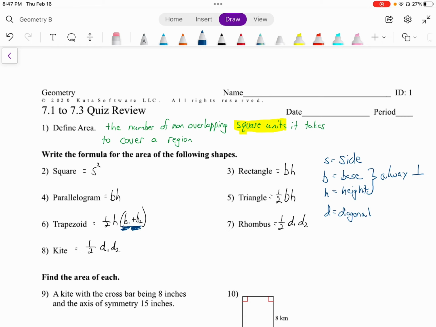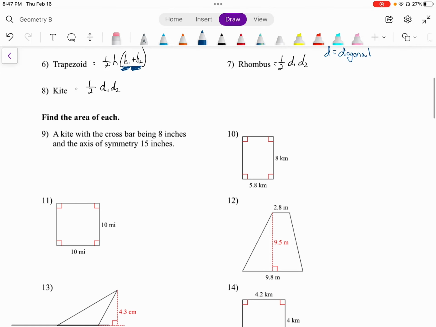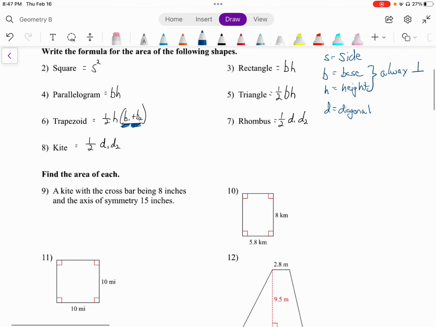And so then we're going to answer these different questions. So find the area of each. A kite with a crossbar being 8 inches and the axis of symmetry 15 inches. If you want to sketch it, you can. So here's a kite. It says the crossbar, which is this length, is 8 inches. So I'm going to actually put it up here because we're going to cross over that. So that's 8 inches. And then the axis of symmetry, which I'm doing dotted here, that's 15 inches.